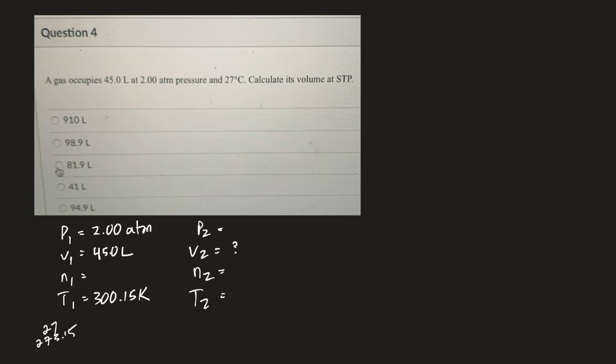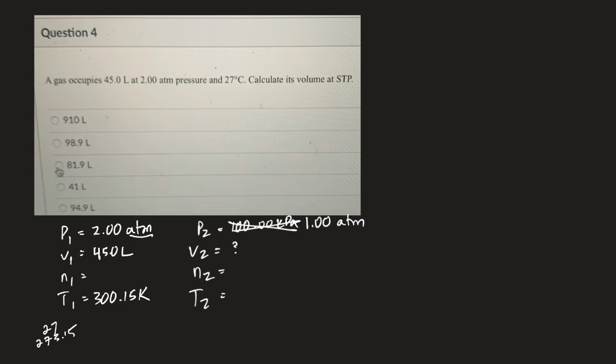So standard temperature and pressure. Standard pressure is 100. Oh, hold on. We need atmospheres. It's 100.00 kilopascals, but I have to have the same unit. Let's not use that. So standard pressure, I want to say is 1 atmosphere.